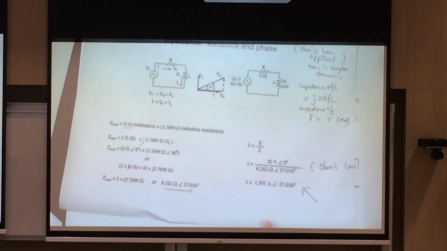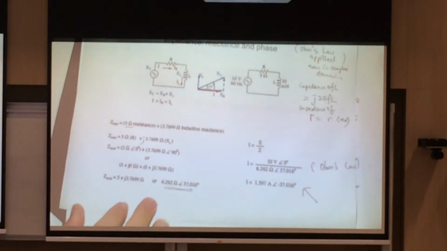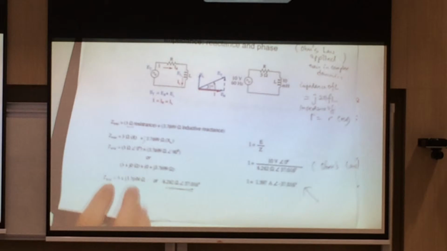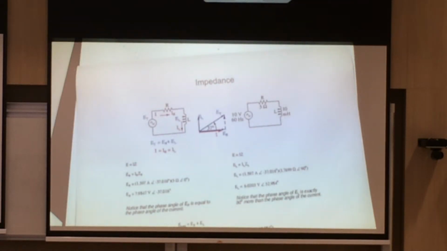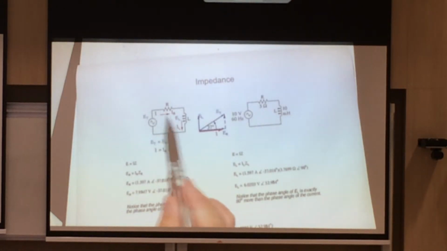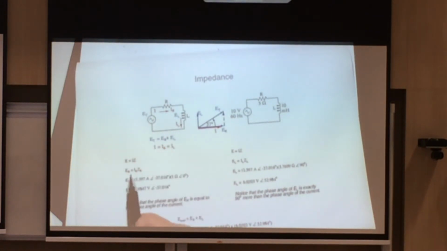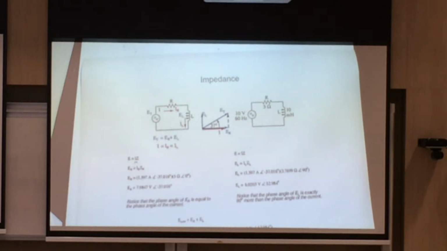Now, if I know this is my current, then what is my E? Well, if I know my total current, your E total is just equal to I times Z total. Okay?